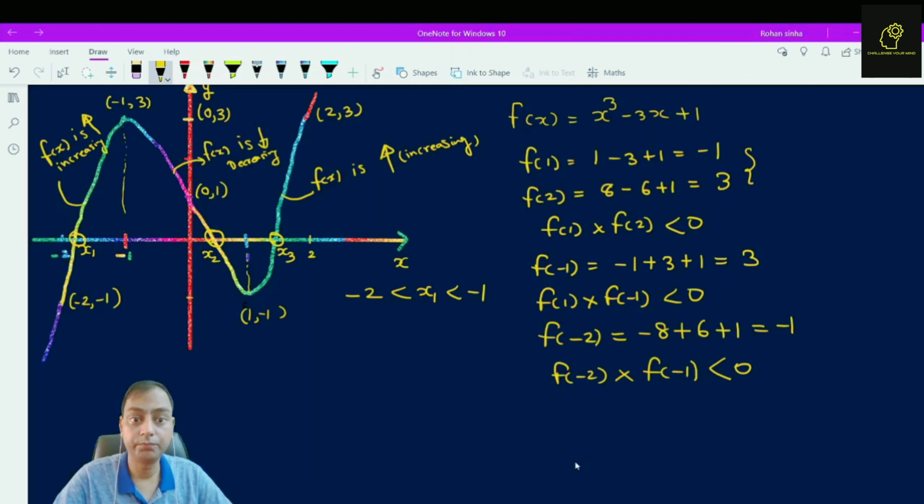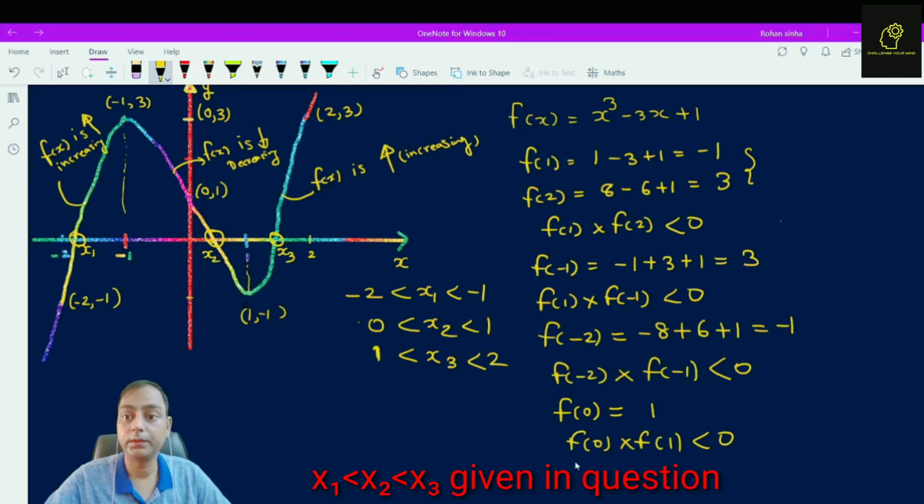And what about f of 0? f of 0 here is simply 1, and f of 0 into f of 1 is again negative, so x2 is between 0 and 1. And x3 is between 1 and 2. So from this condition it is clear: f of 0 is 1 and f of 1 is minus 1, so x2 must be between 0 and 1.